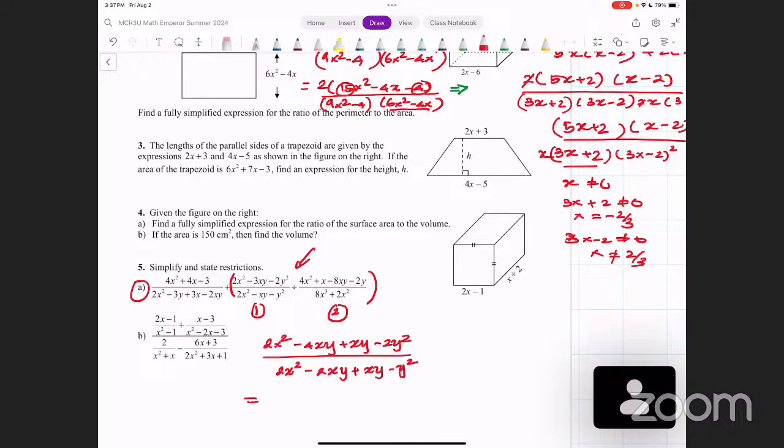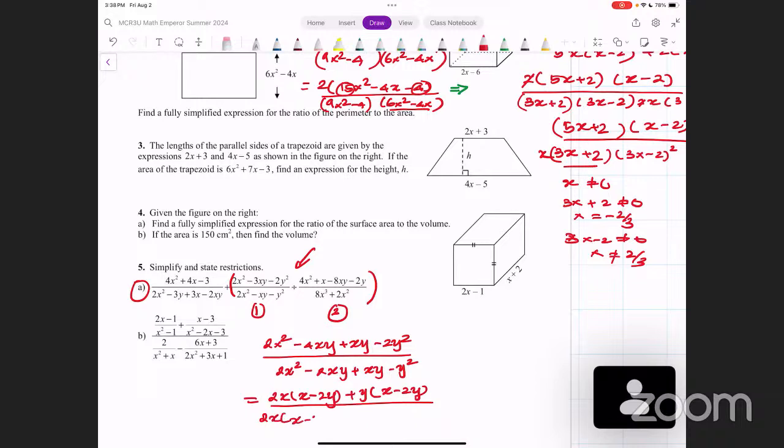And that is going to be 2x into x minus y plus y into x minus 2y. So 2x into x minus 2y, and then plus y into x minus 2y, and then divided by, this just became the 2x out.